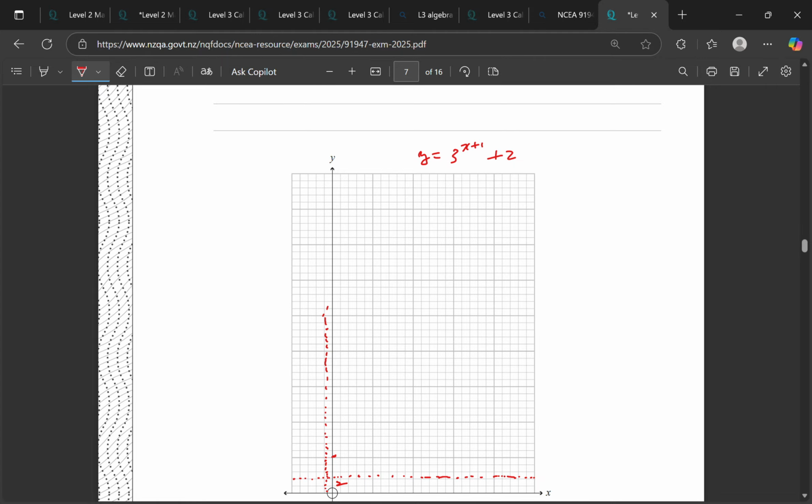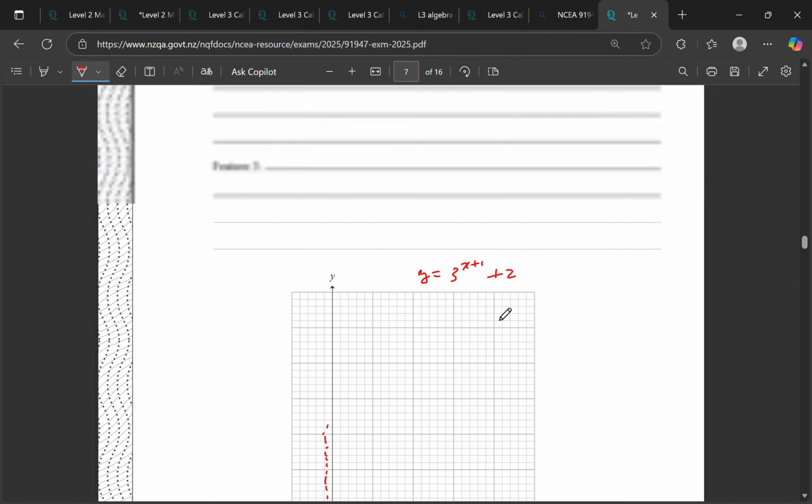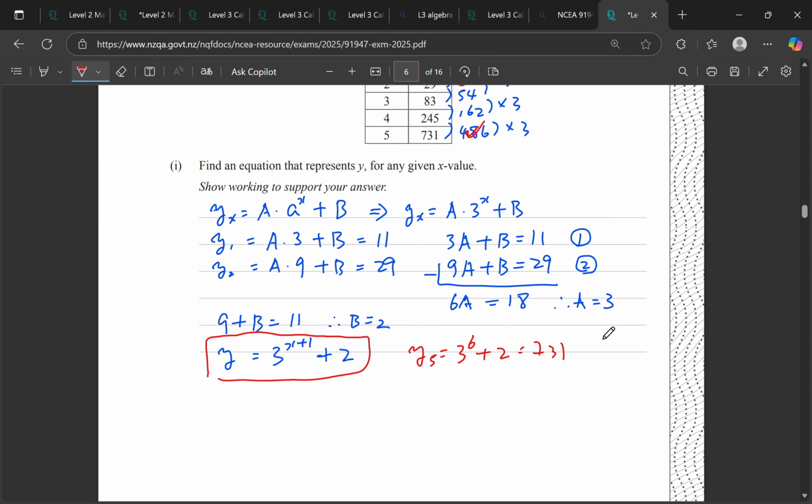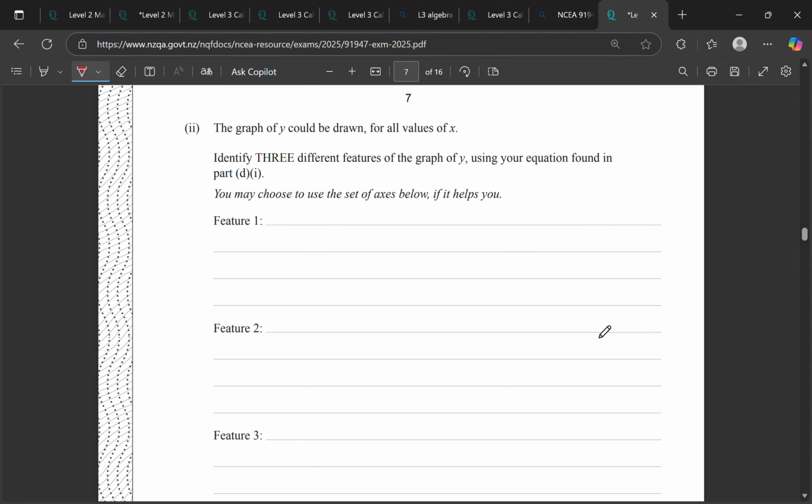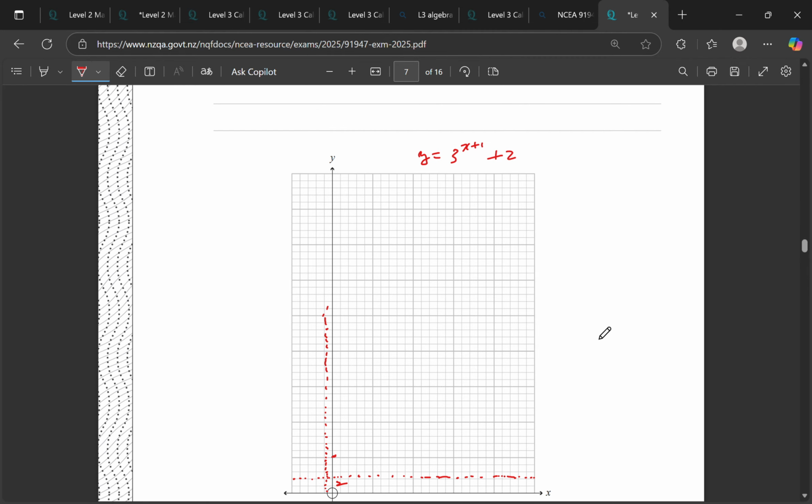So I know this is 5. And what else? Do you remember when x is 5, how much was it? 731. It's a big number. It's over there. So I would draw like this. Oh, hold on. When x is negative 1, that's 3, isn't it? So I will make sure.